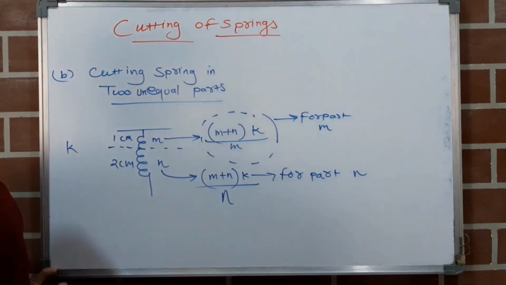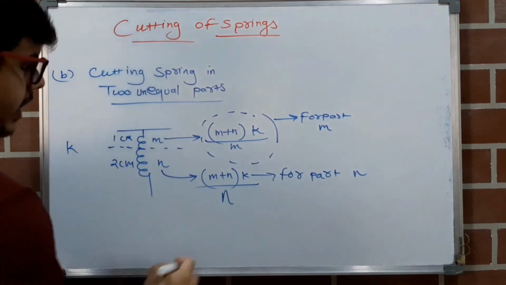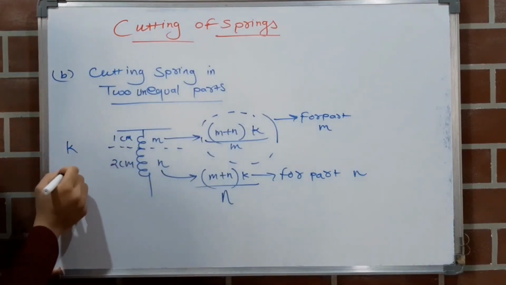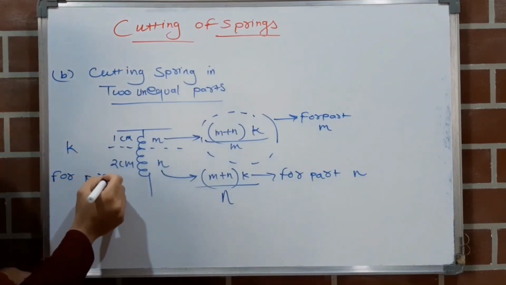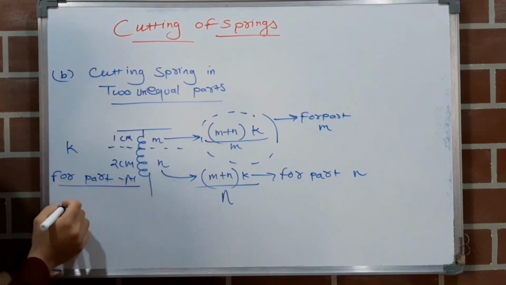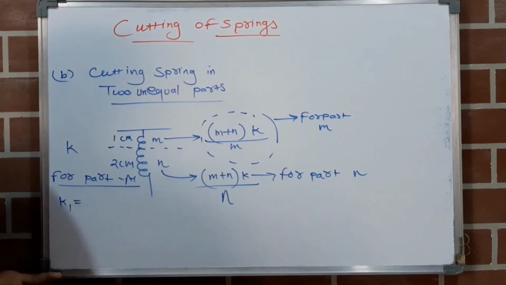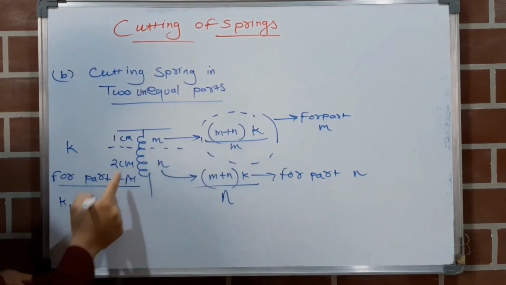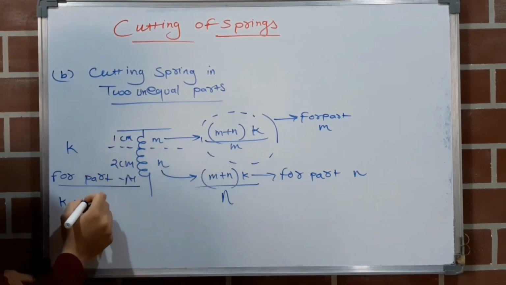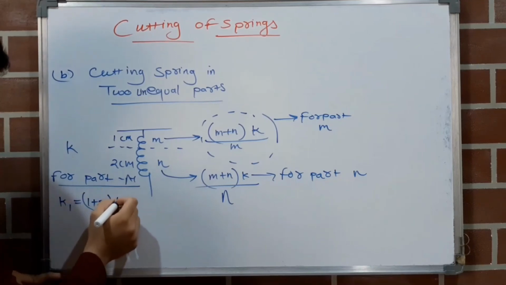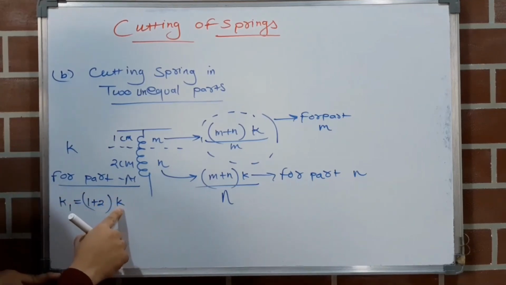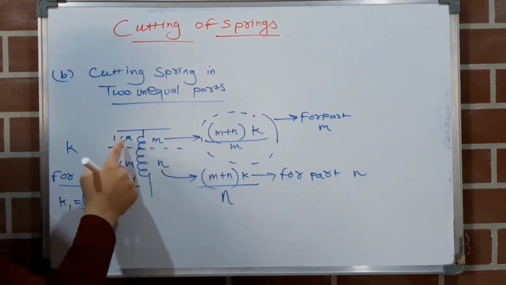Now let's say M is 1 centimeter and N is 2 centimeter. So for part M, stiffness will be, let's say K1 equals M plus N. So M is 1 and N is 2. So 1 plus 2 into K, stiffness of the uncut spring, divided by M, 1.